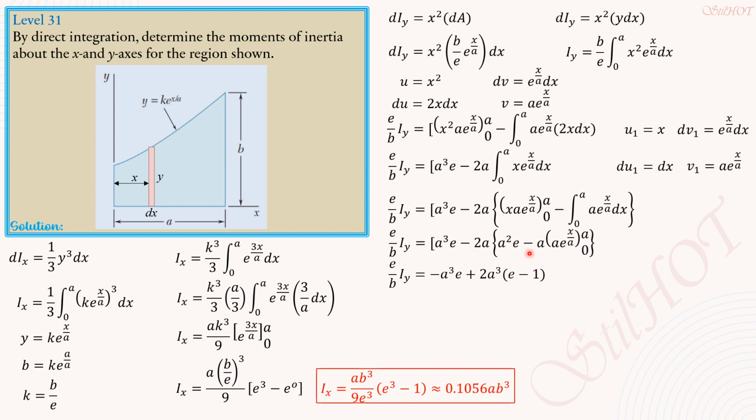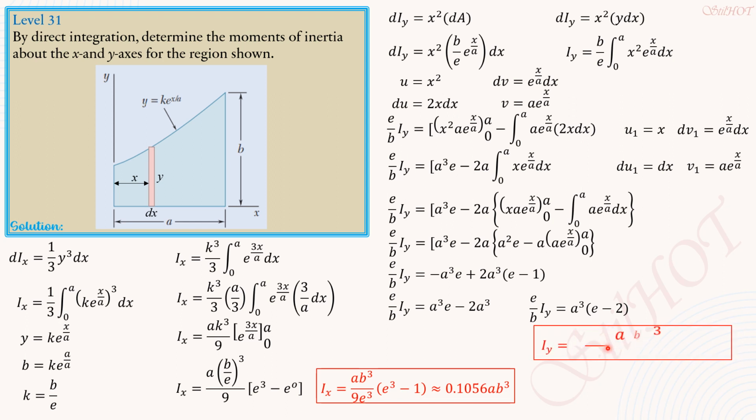Then negative 2a times negative a is plus 2a squared, times e^(a/a), which is e, minus e to the 0, which is 1. So e over b Iy equals a cubed e minus 2a cubed. Factor out a cubed: e over b Iy equals a cubed times (e minus 2). Finally, Iy is a cubed b over e times (e minus 2), and that is approximately 0.2642 a cubed b.